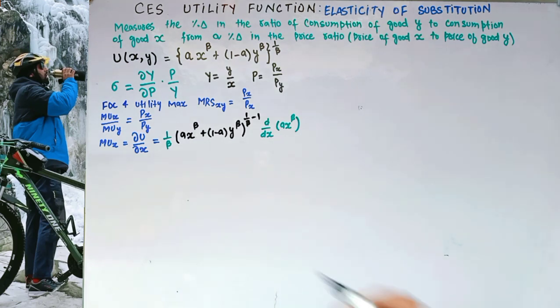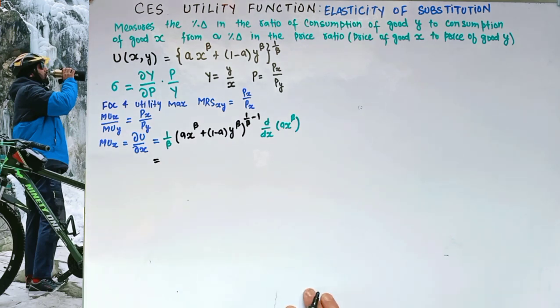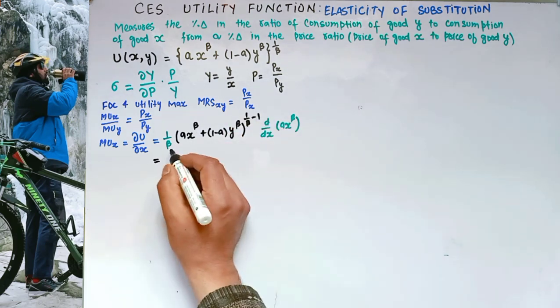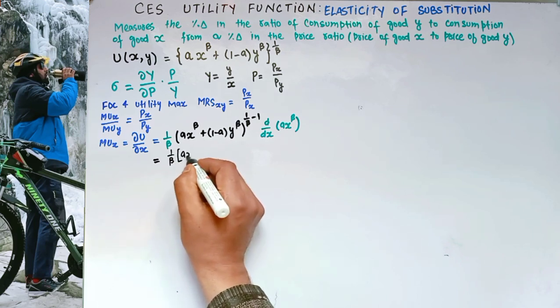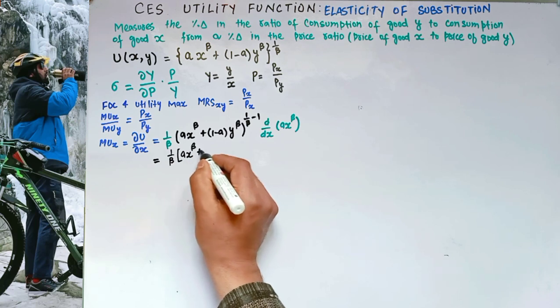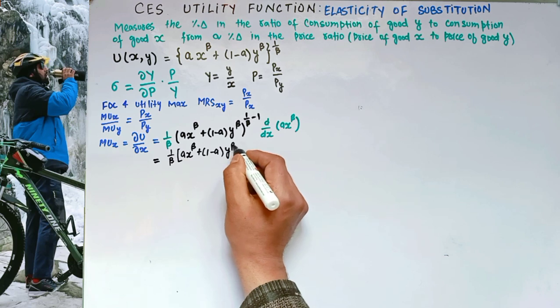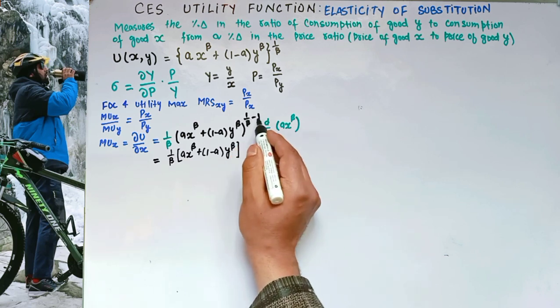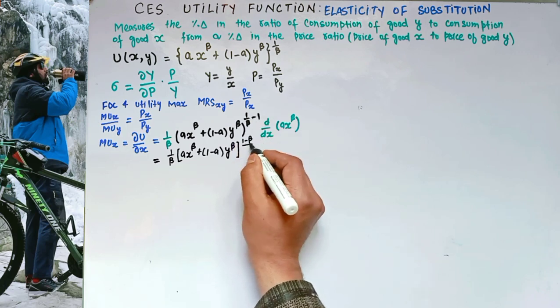Solving this, it will give us 1 upon beta times A X raised to the power beta plus 1 minus A Y raised to the power beta, raised to the power 1 minus beta divided by beta.